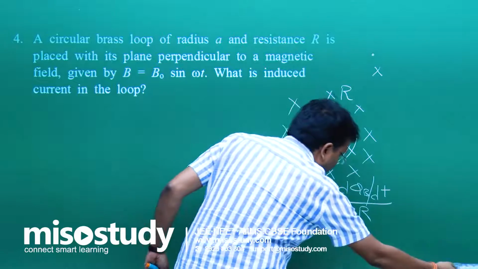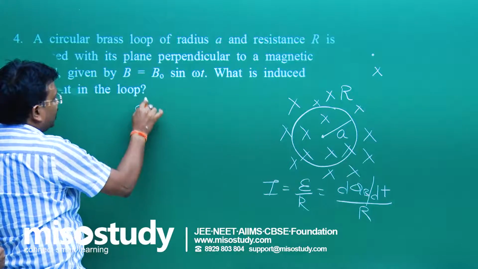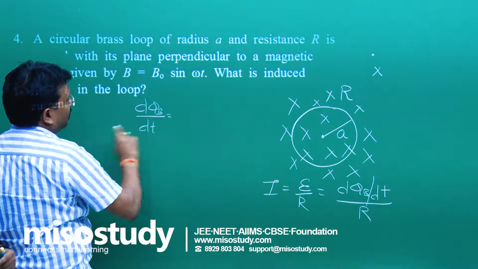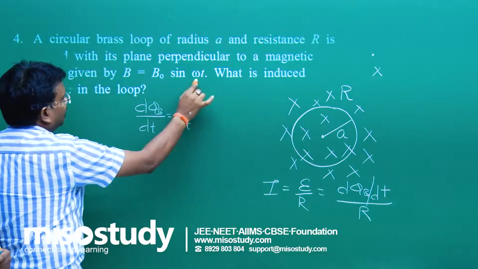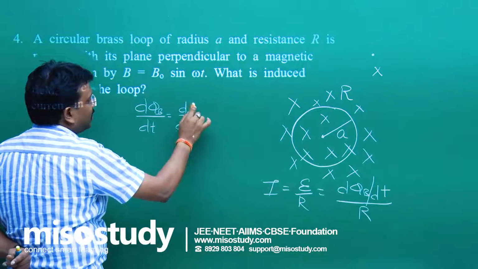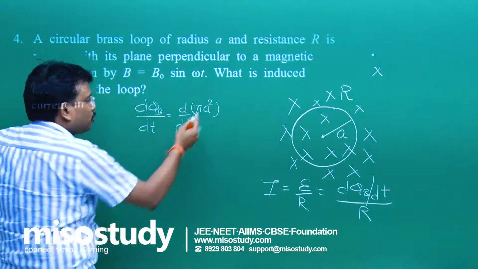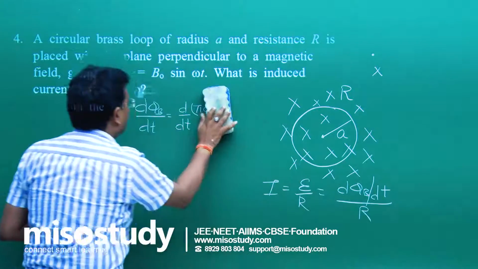That is, d phi B by dt is equal to d by dt of BA, where A is pi A square, that is not a problem. You should put it outside. Fine. So yes, you should put it outside of the derivative.